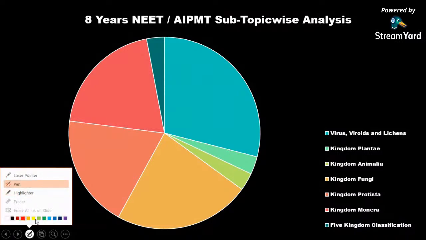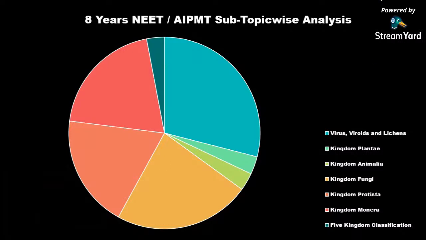This is the topic-wise analysis of the chapter biological classification. The most important topic, as you can see here, is virus, viroids, and lichens. As I have told, virus, viroids, and lichens is the most important topic. After that, this green area refers to kingdom Plantae and kingdom Animalia. Fungi is the next most important topic in the previous 8 years.